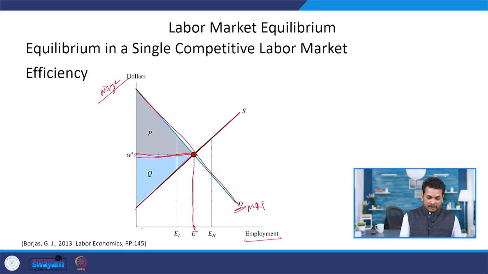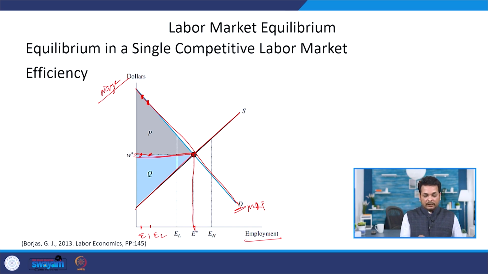Let us say at E1 worker, his marginal product is this, whereas the farm is paying this much of wage rate. The second worker, the marginal product, marginal revenue is this, but the farm is paying this much.